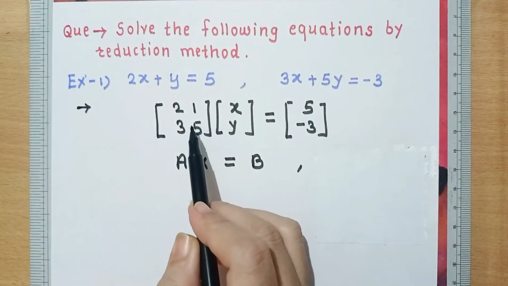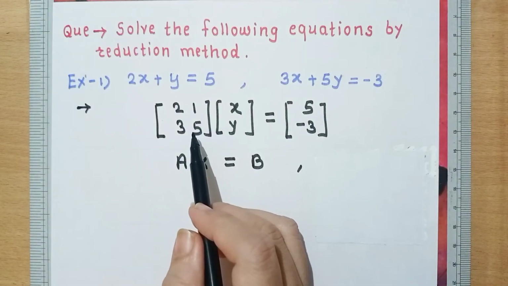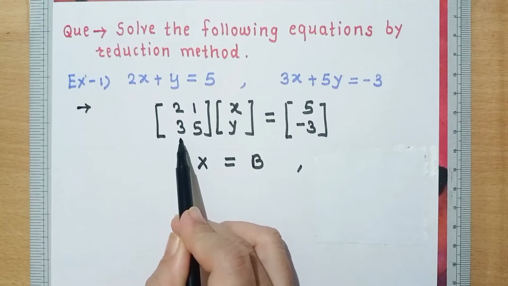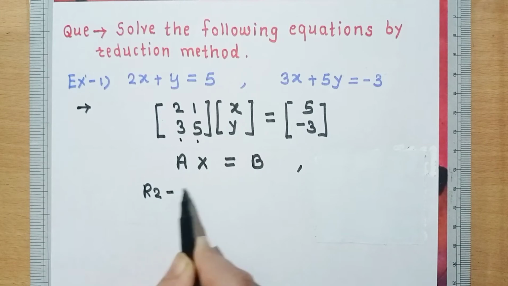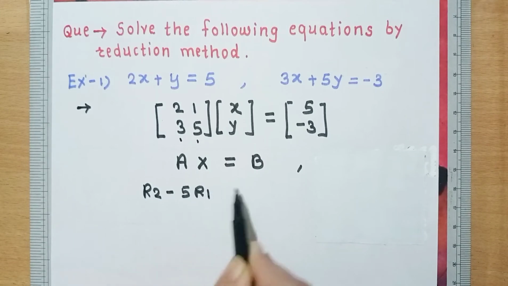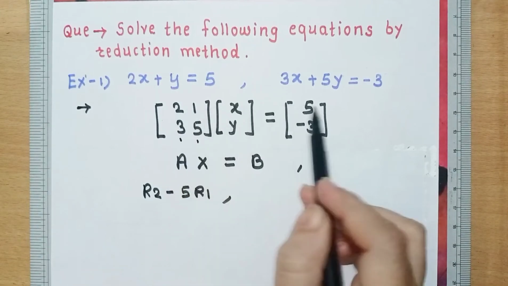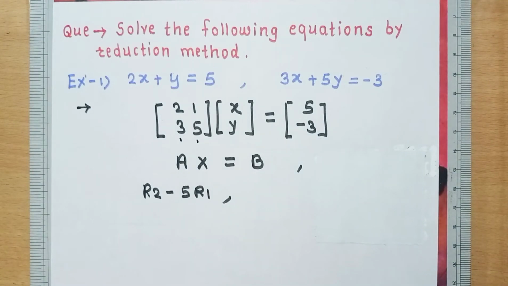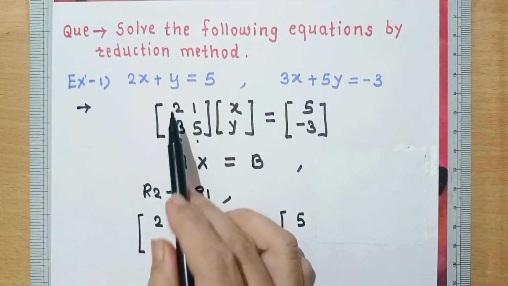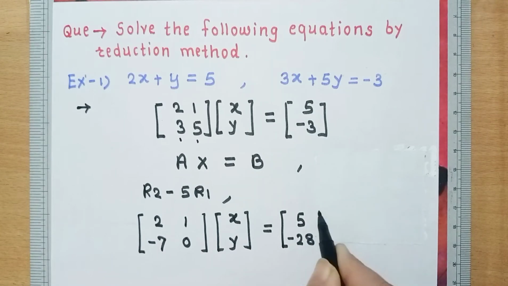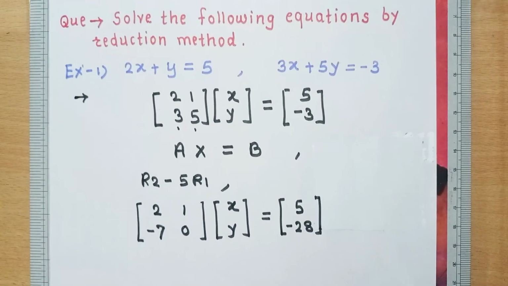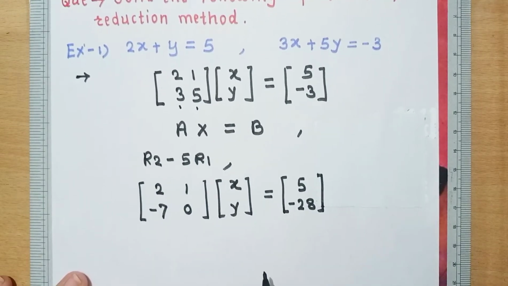Now we will convert this matrix into an upper triangular matrix by making this element 0. So R2 minus 5R1 gives, write down first row as it is, 3 minus 10, so here minus 7, here 5 minus 5, 0, and here minus 3 minus 25 is minus 28.